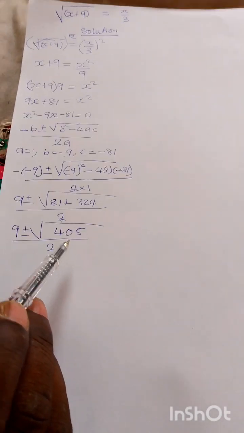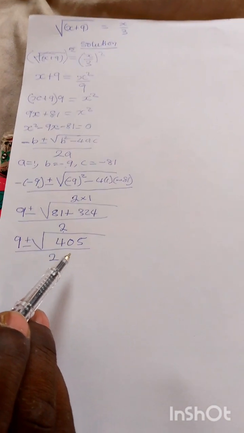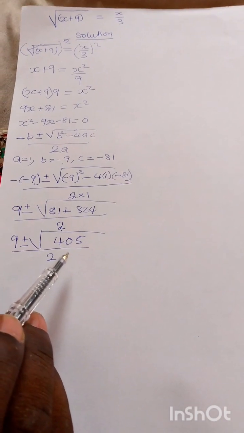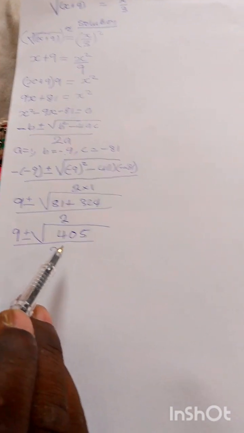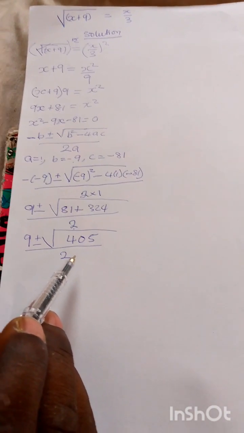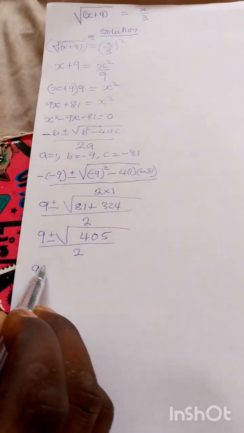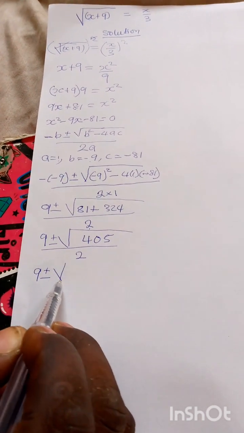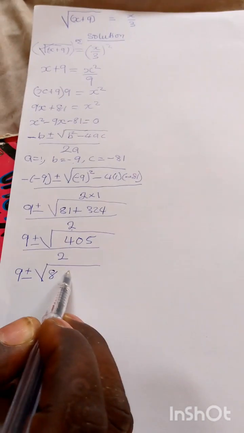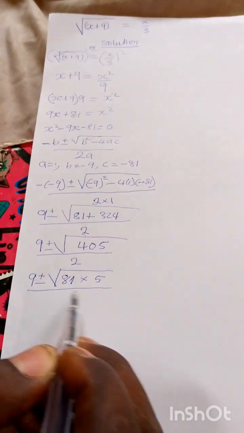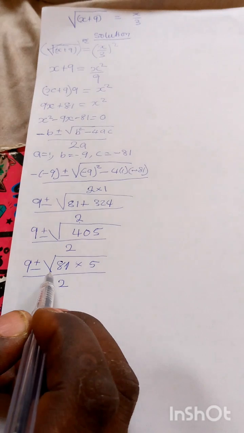So in order to reduce it, we are going to look for 2 factors so that at least one of them will be a perfect square. I think those 2 factors will be 81 and 5, because 81 times 5 will give us 405. So we can now write this as 9 plus or minus square root of 81 multiplied by 5, all divided by 2.